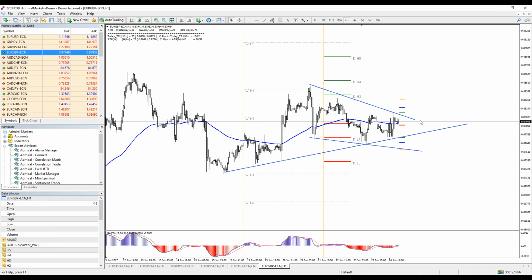So Euro GBP is a little bit trapped in this range. And I think that price is mainly in between this lower trend line and upper trend line. So what we could see is actually price getting down towards this level and then waiting in this pinnacle. So when it breaks the pinnacle, it should proceed either up or down.